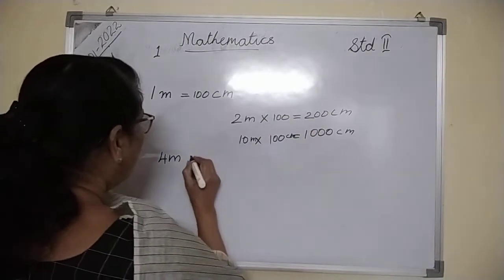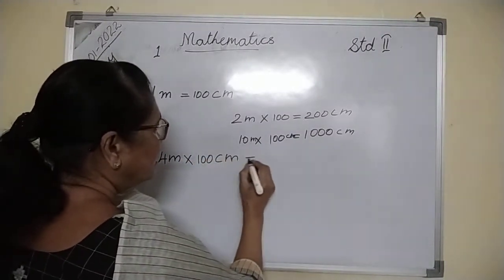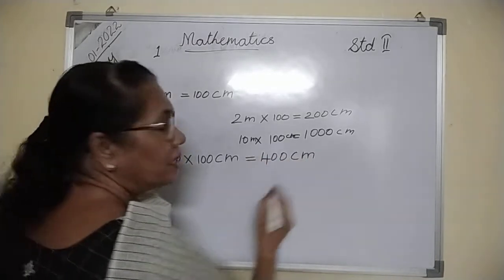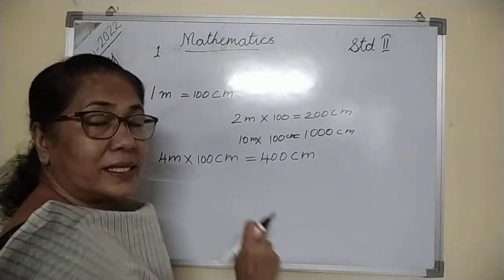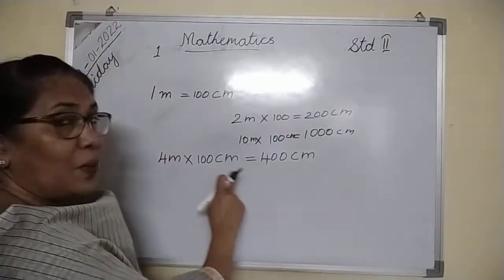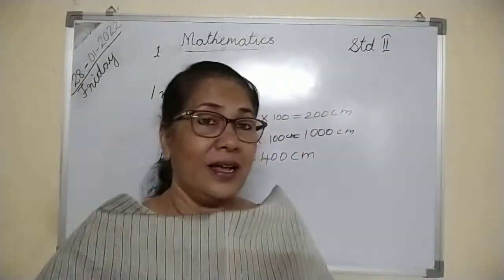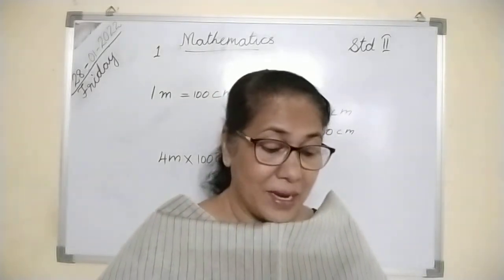So 4 into 100 centimeters is equal to 400 centimeters. Got it? 4 into 100 equals how much? 400 centimeters. So 4 meters is 400 centimeters.